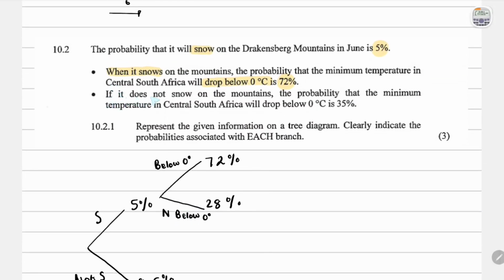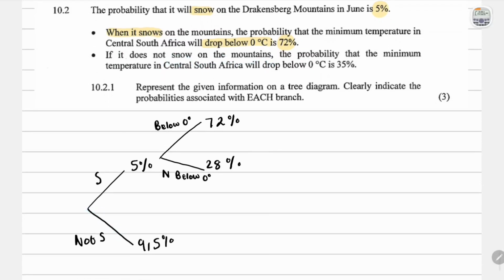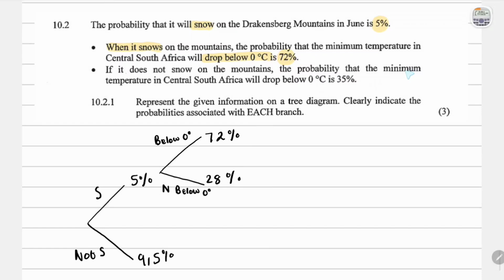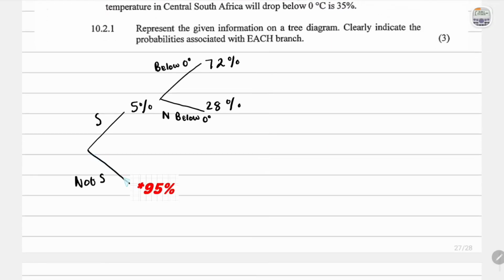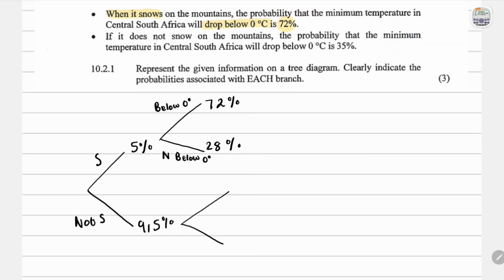And then we have, if it does not snow on the mountains, that's the not snow part, the probability that the minimum temperature in central South Africa will drop below 0 degrees is 35%. So on the condition that it does not snow, the probability that the temperature will drop below 0 degrees is 35%.